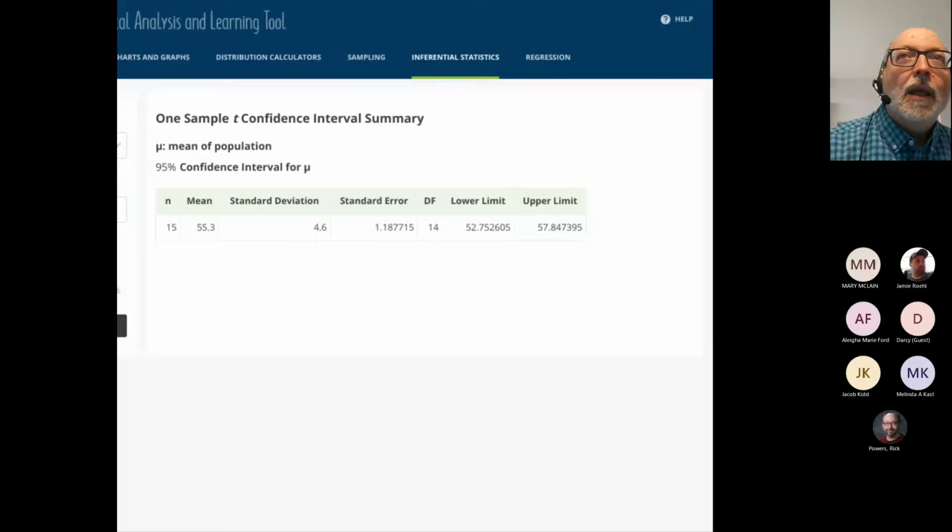Now, if I'm choosing these 15 students at random from students in lacrosse, then I would say this would apply to fifth graders in lacrosse. If I'm picking these 15 students at random from the United States of America, then it's possible that I would say this is true for the United States of America. So the population that I'm talking about here depends on how I got my numbers.